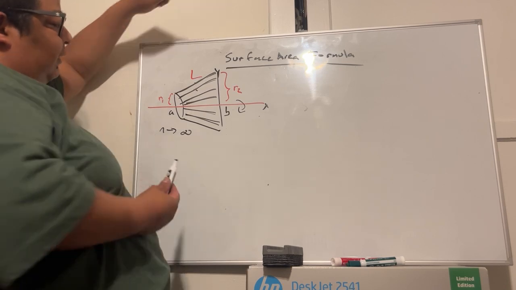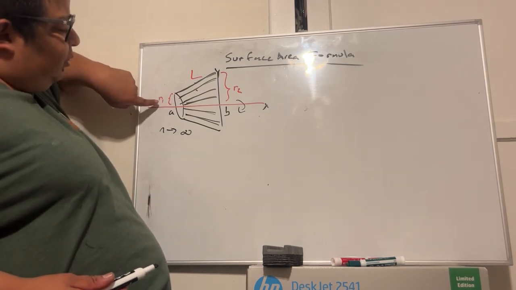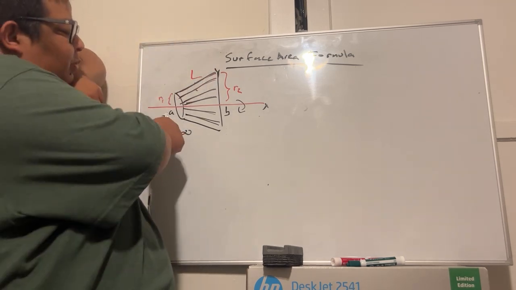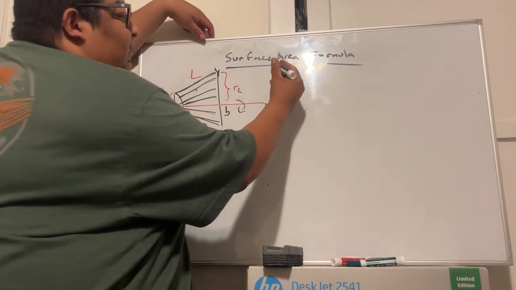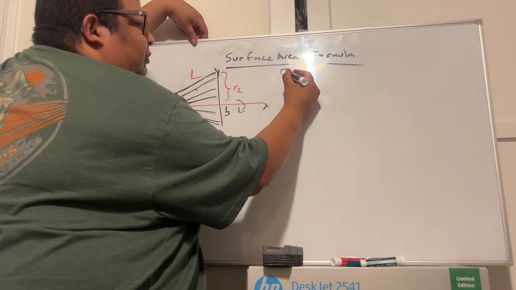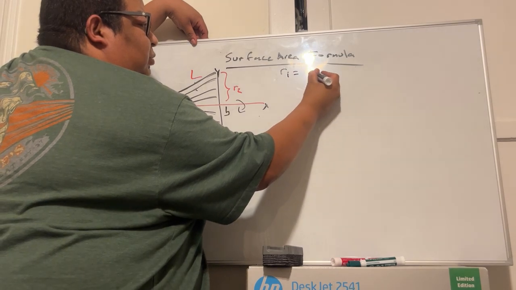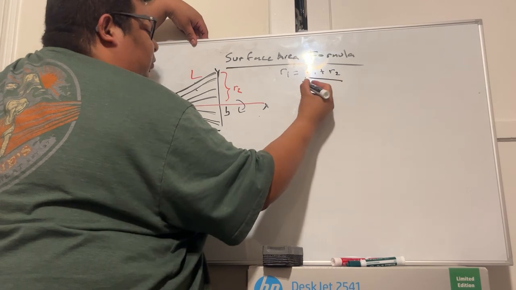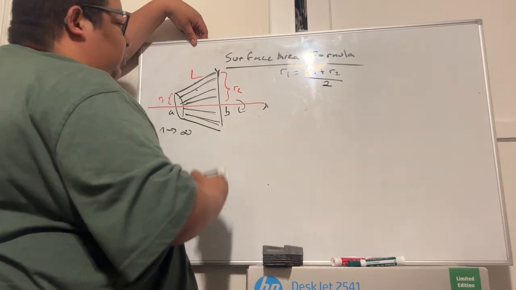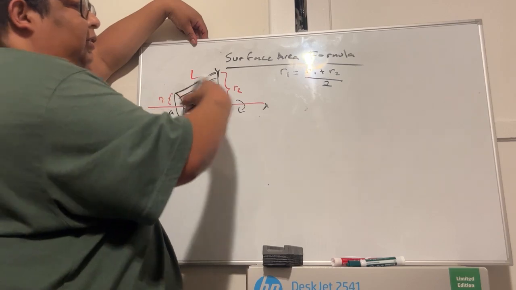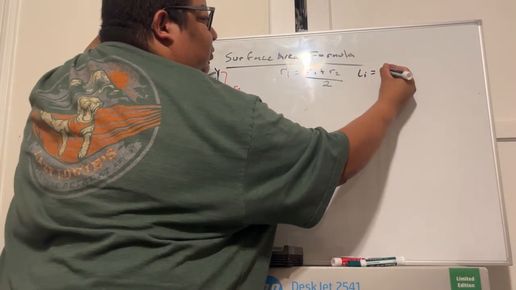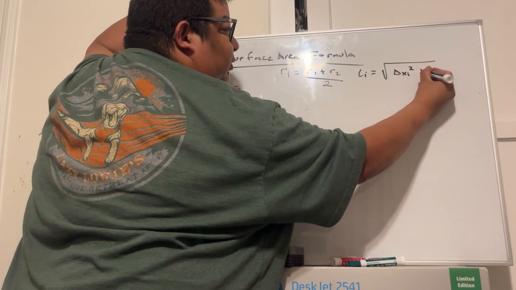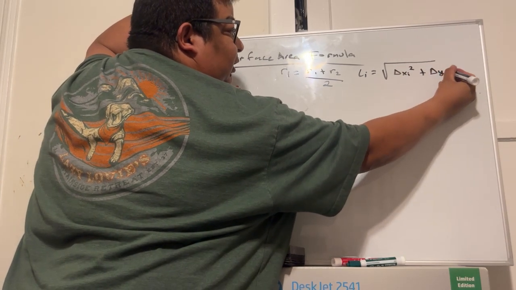Because we have the small radius, we call it R1, and the big radius, we call it R2, and we're going from A to B. So we're going to call the average radius equal to R1 plus R2 over 2. And then the length of the line, Li, is equal to the square root of delta xi squared plus delta yi squared.